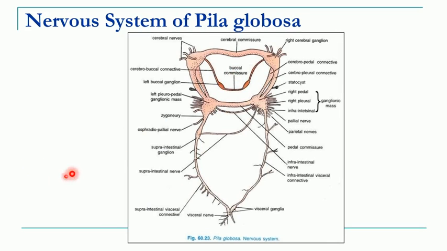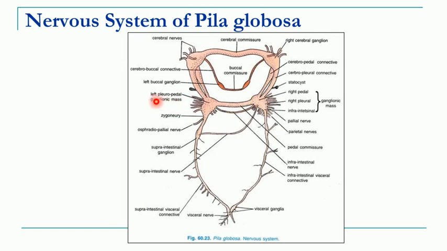Now let's see the position of the pleural and pedal ganglia. So this is the left pleural ganglion. This is the right pleural ganglion. On the inner side, you will have the left pedal ganglion and right pedal ganglion. But as I told you, pleural and pedal ganglia are fused with each other to form the pleuropedal ganglion.